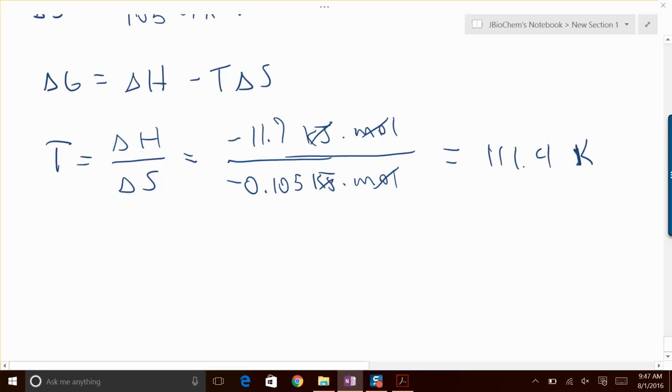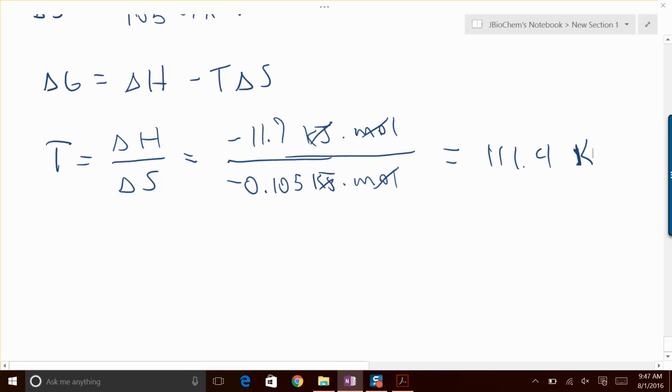So at higher temperatures, higher than 111.4, it's becoming what? Non-spontaneous. So we have to obtain temperatures that are what? Lower than 111.4 in order to make this reaction spontaneous. Okay?